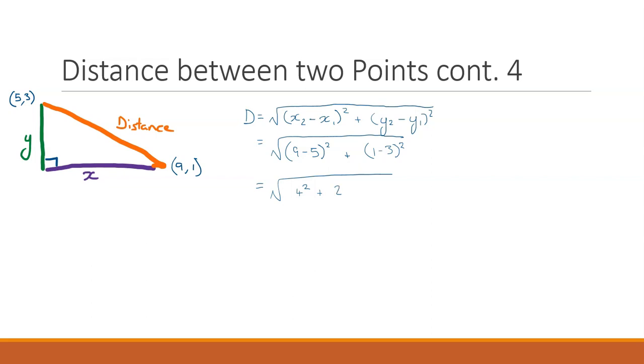plus 2 squared. Notice that 1 minus 3 is negative 2. So I should put a negative there, but it doesn't actually matter because it's squared, so the negative is going to get cancelled out. Evaluating that, I'm going to get 16 plus 4, and then I'll get a final value of 20, or the square root of 20.